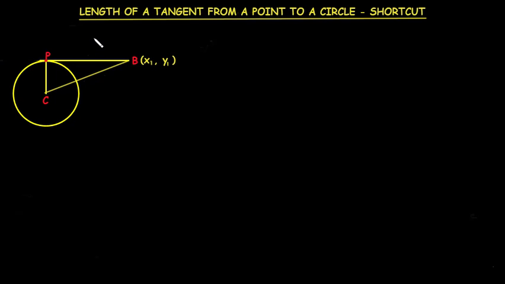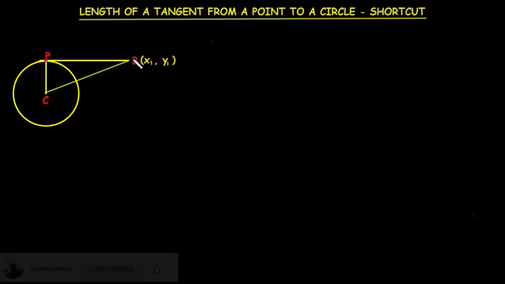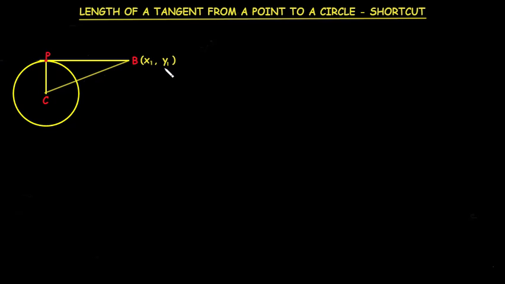This is Daniel here, and if you're watching this video, probably you want to find the shortcuts to finding the length of a tangent from a point to a circle. So looking at these, we have the tangent PB from a point x1, y1. This is the center of the circle. In the traditional way of doing this, what you do is to find the radius.